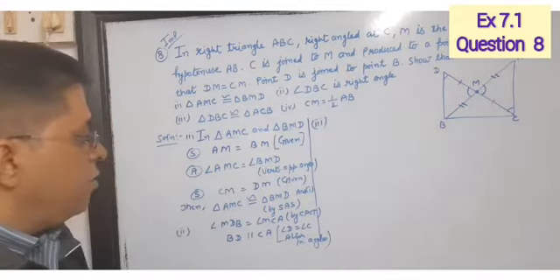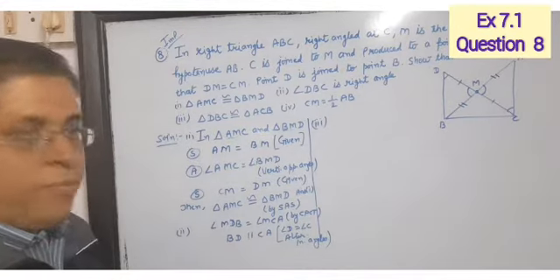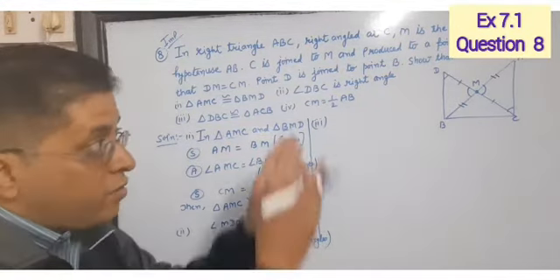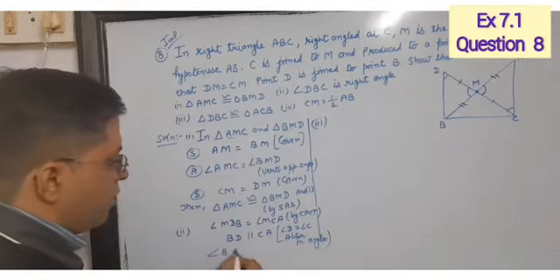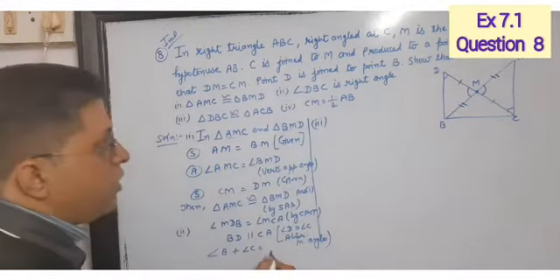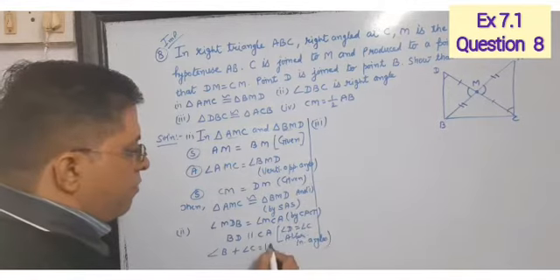If these lines are parallel, then what about angle B? Angle B plus angle C should be 180 degrees.